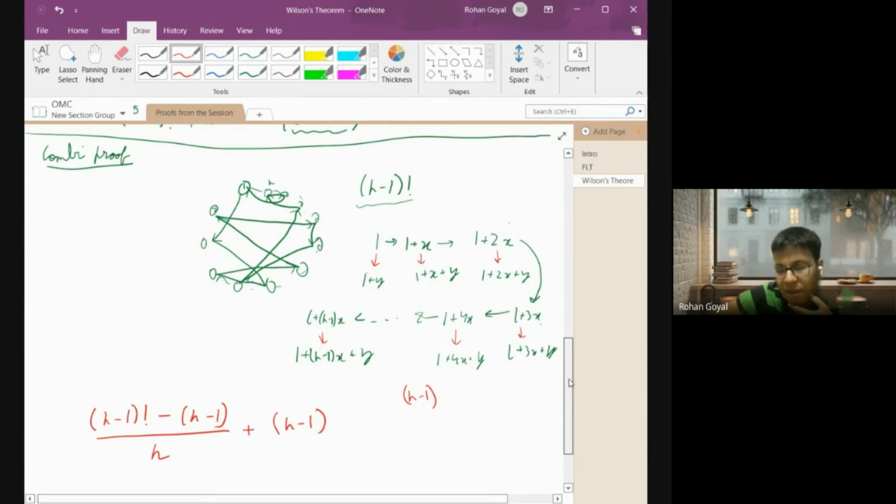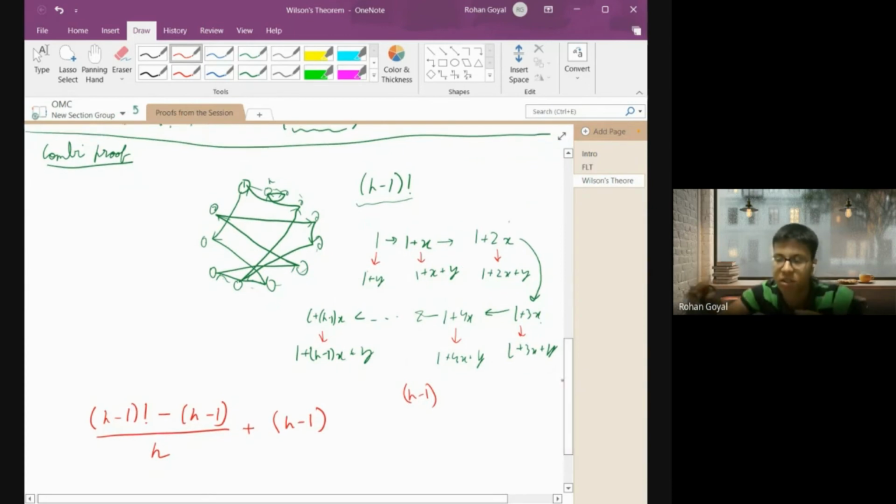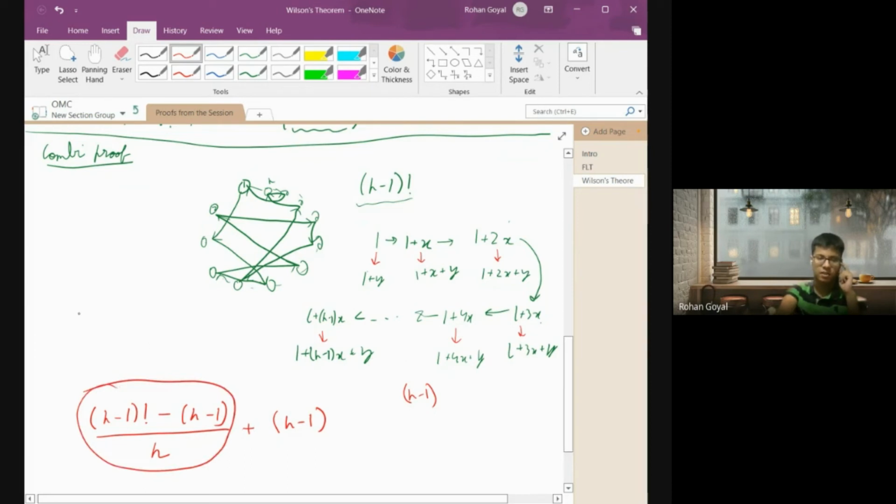If you also consider the rotations of these, you get everything. So again, p divides this quantity. So p divides p minus 1 factorial minus p minus 1, which implies p divides p minus 1 factorial plus 1.